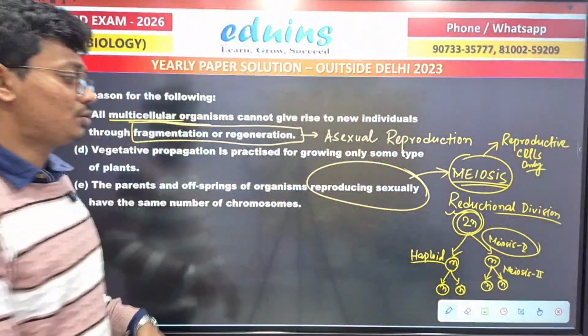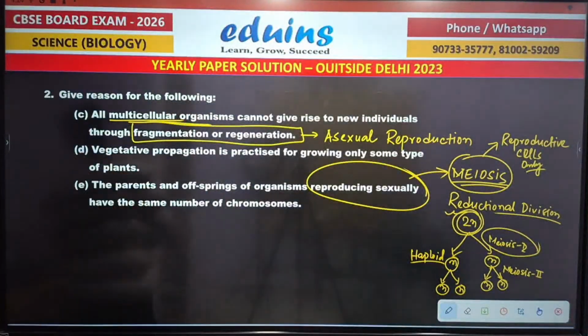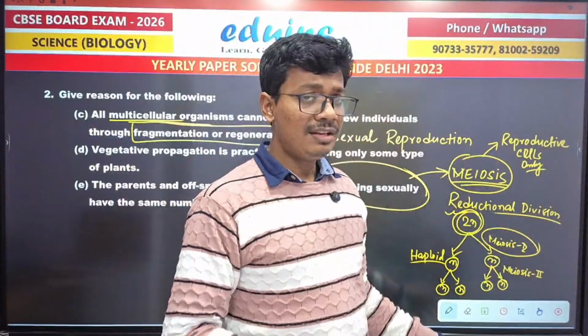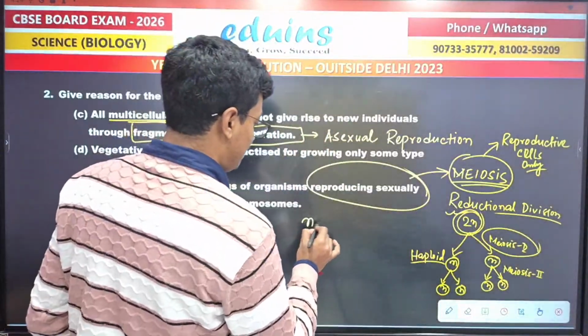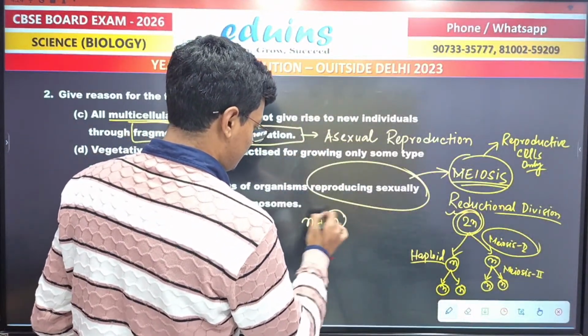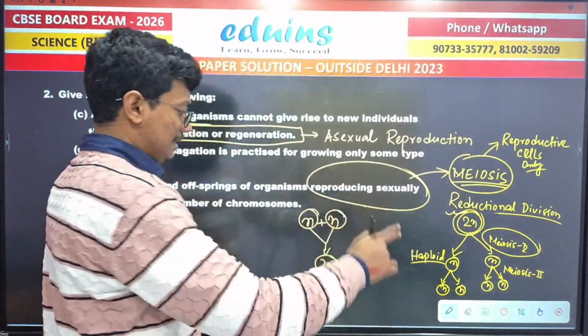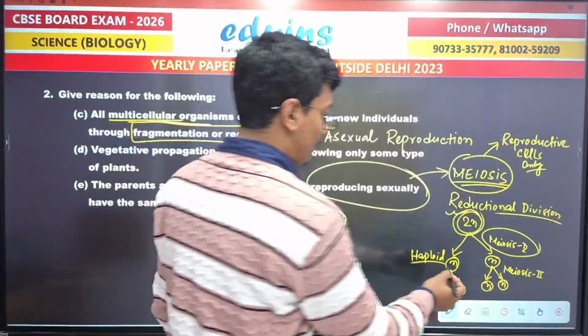Haploid means the chromosome number is halved. When n plus n are fused together, they form 2n. In the case of gametes, the chromosome number is half.